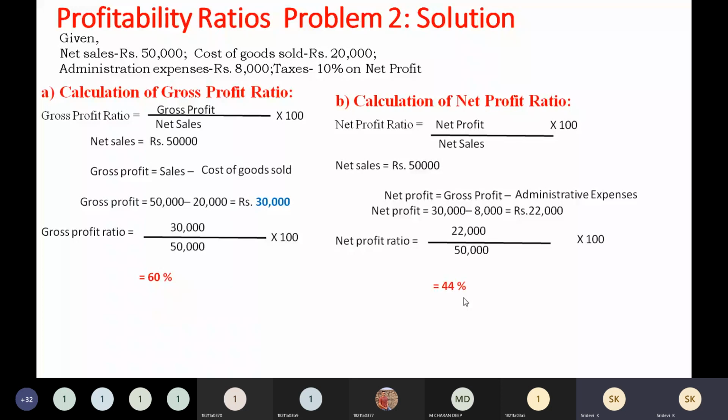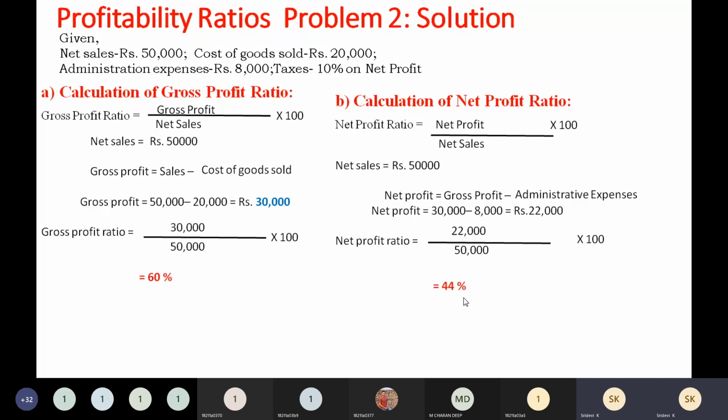This profit percentage is very good, no? After all the expenses, the profit earned is 44%. And after manufacturing expenses are covered, the profit earned by the company is 60%.